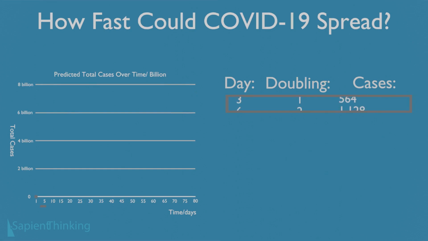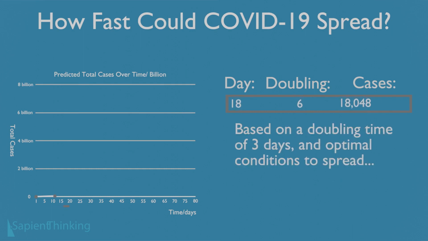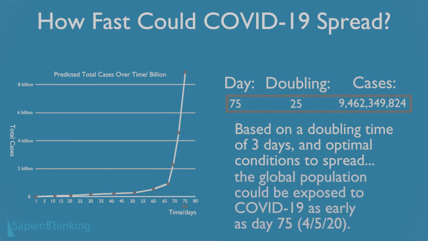We could assess the worst case scenario for the spread of COVID-19 using the first 20 days case data and extending it using a 3-day doubling time. Based on a 3-day doubling time, everyone on the planet could be exposed to COVID-19 within 25 doublings, 75 days, or as early as the 5th of April 2020.